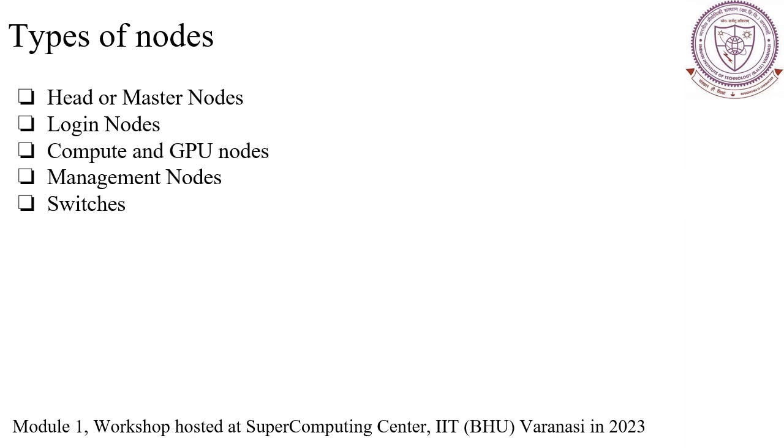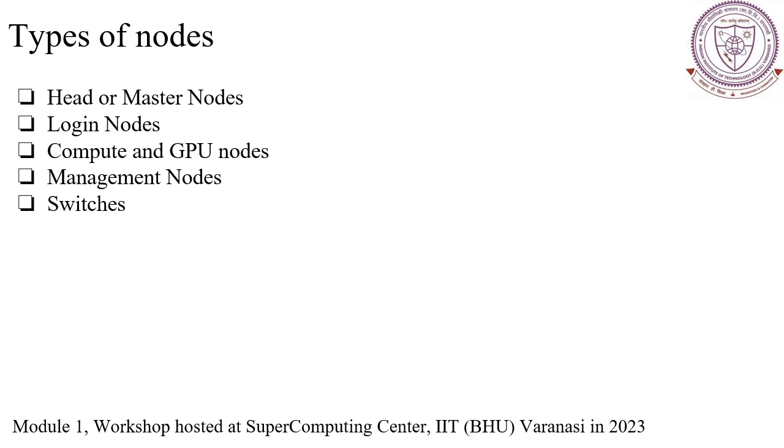Compute and GPU nodes. Compute and GPU nodes are the nodes where user jobs are executed. Compute nodes are equipped with powerful processors and memory, while GPU nodes are equipped with additional GPUs to accelerate certain types of computation.